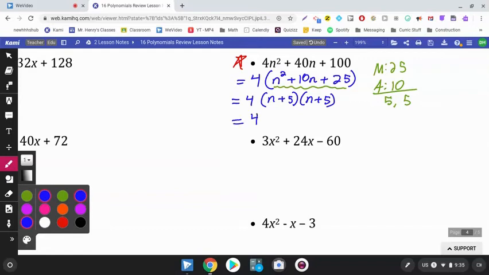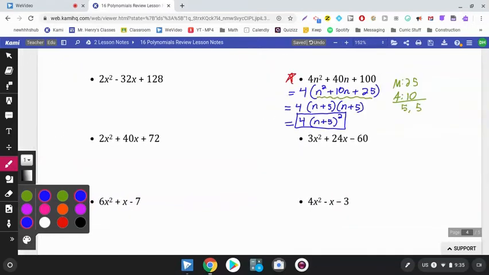Having the same binomial times itself. The more convenient way to write that would just be n plus 5 squared. So there you go. Fully factored. I did a little bit of inspection and a little bit of the GCF. It's great. Okay. Let's move on.